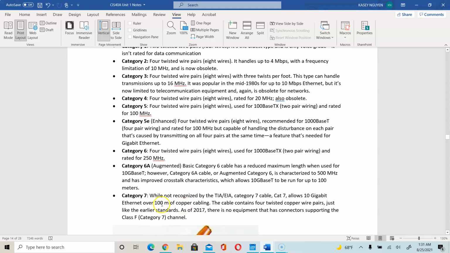But for UTP in general, the maximum length that you can pull the UTP cable is 100 meters. In general, some would be higher at certain frequencies, like Cat6A, compared to the older categories that will be 20, but much less.